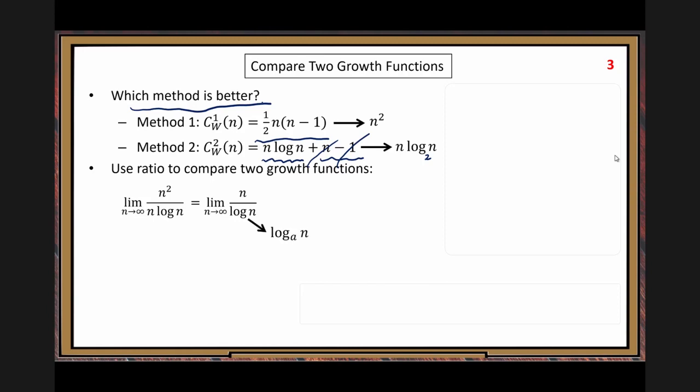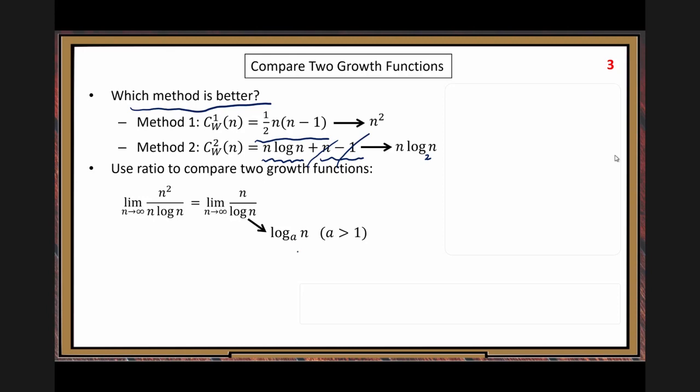Here, we can consider a general log function with a constant a, where a is greater than 1. It's not necessarily an integer, it could be non-integer. We only need it greater than 1.